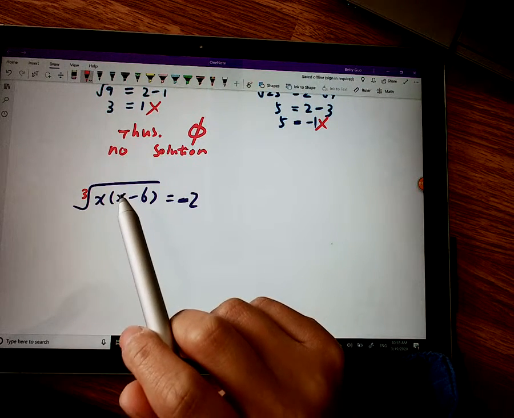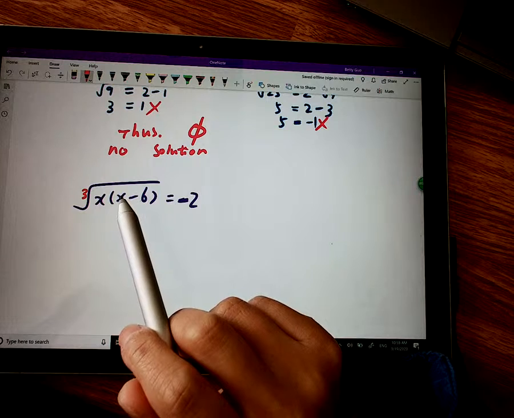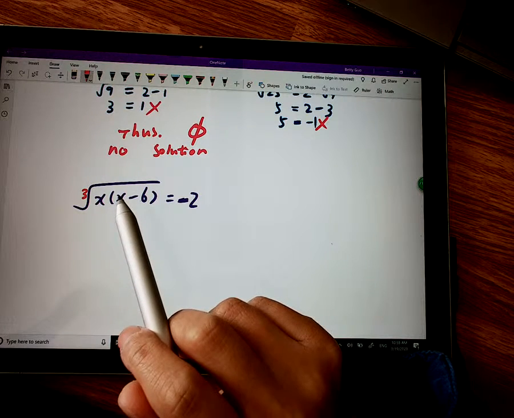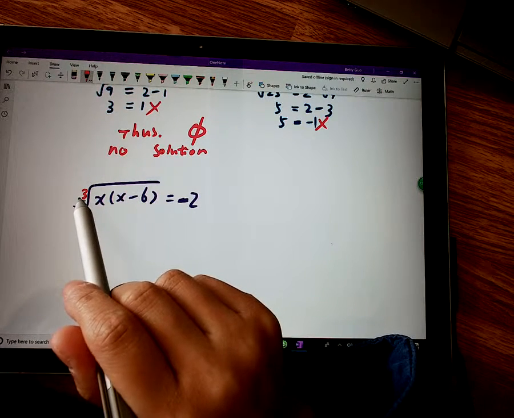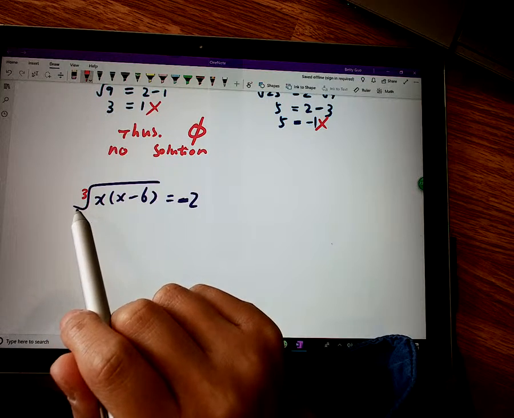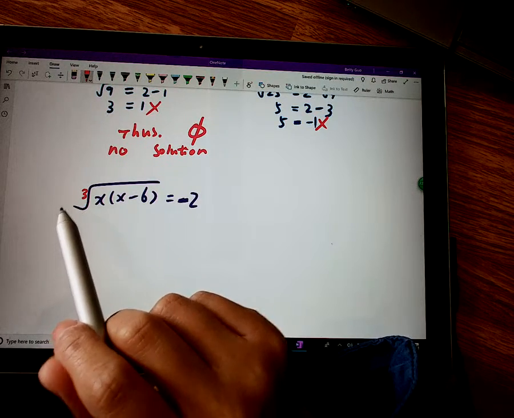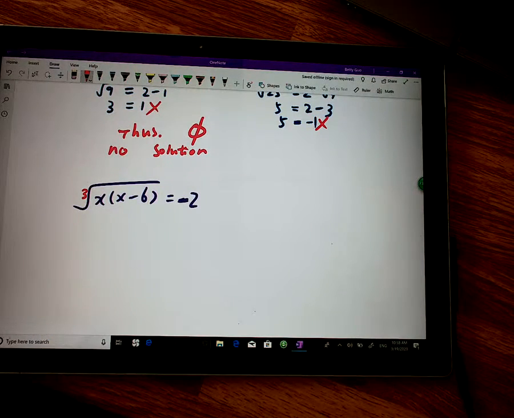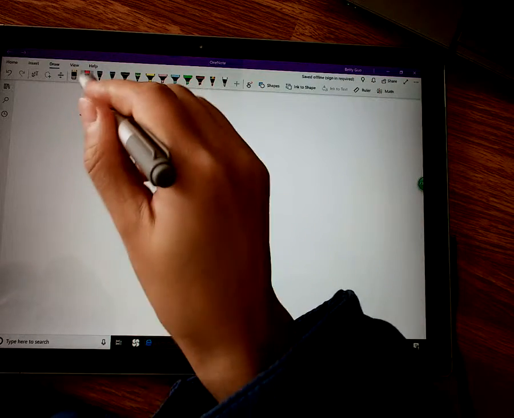You would always have to check your proposed solution to remove possible extraneous solutions. But what if you have a cube root here? Technically, you don't have to check. All right. Now let's move on to section 9.6.